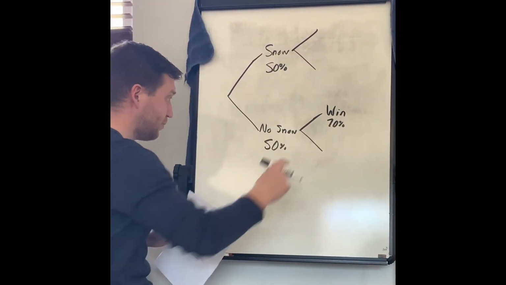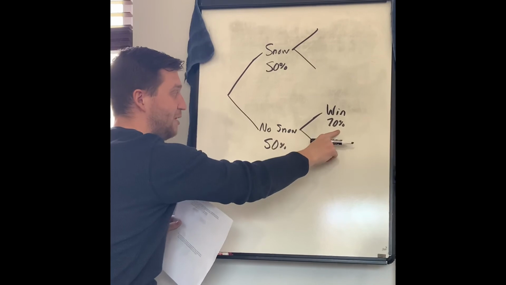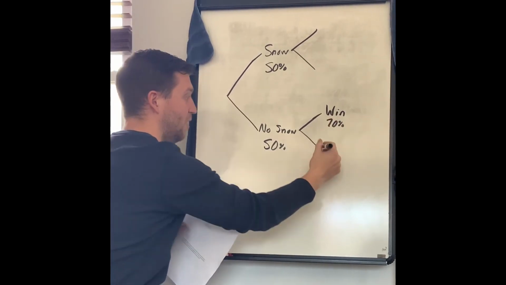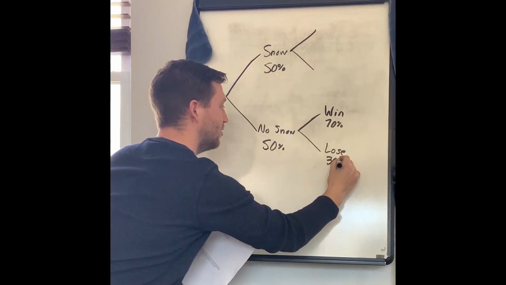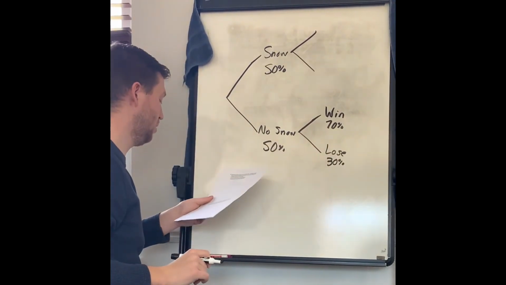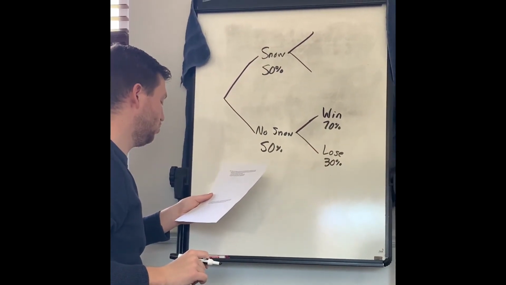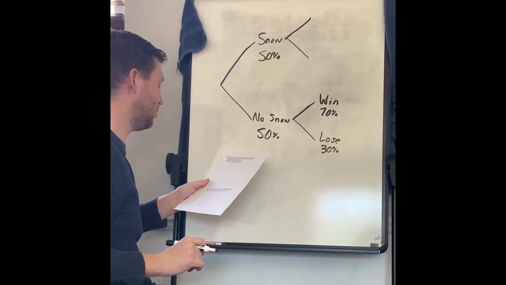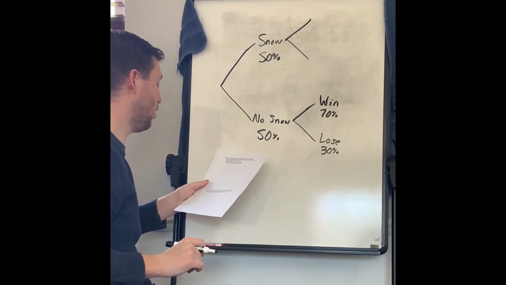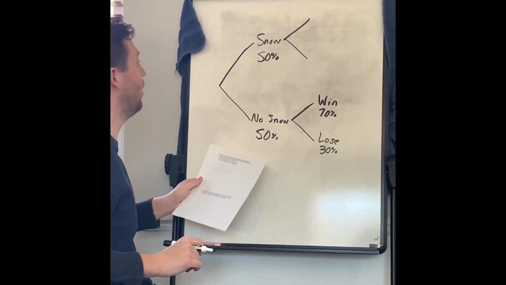Back to this. So when it doesn't snow, if this team has a 70% chance to win, that means they have a 30% chance to lose. It also says only a 40% chance of winning when it snows.